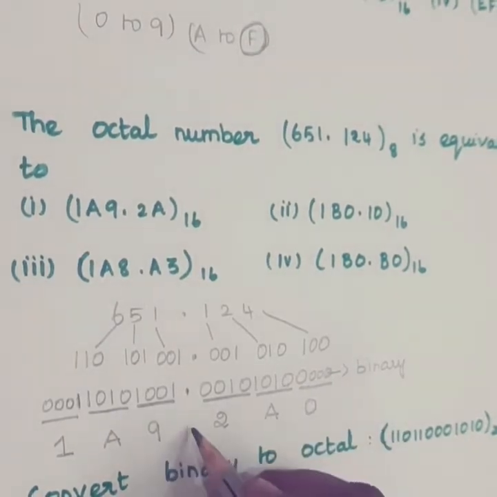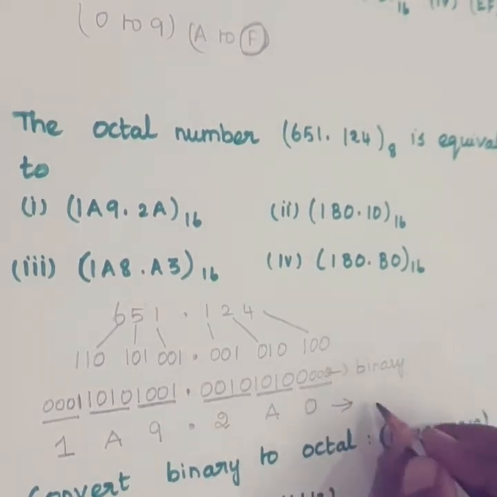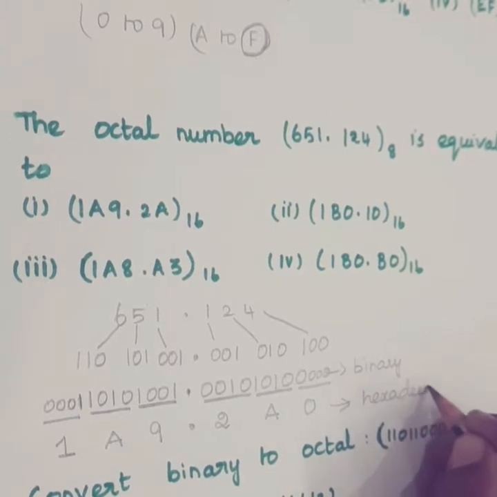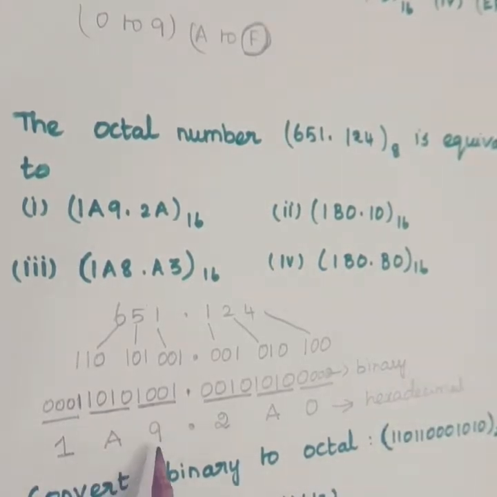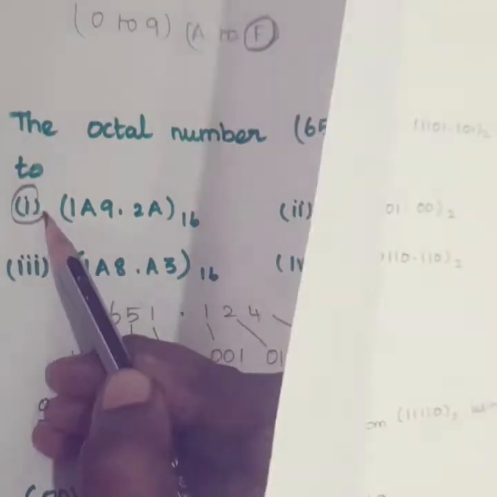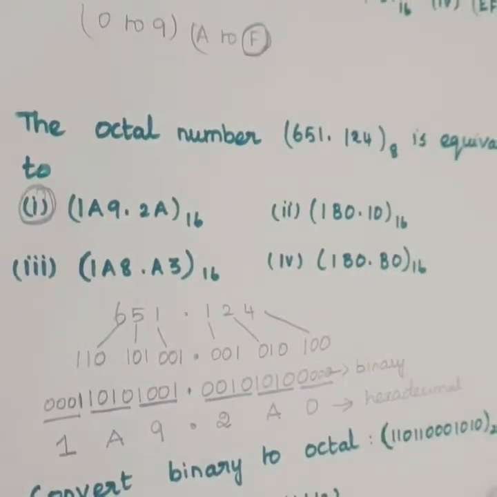Don't forget this radix point. So this is the equivalent hexadecimal number. The answer is 1A9.2A0. So that is the first option, the correct answer.